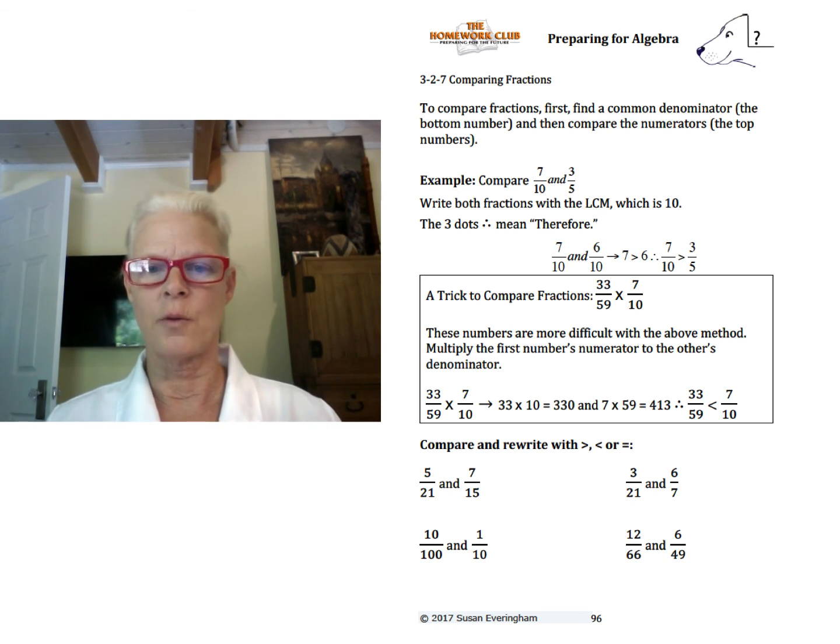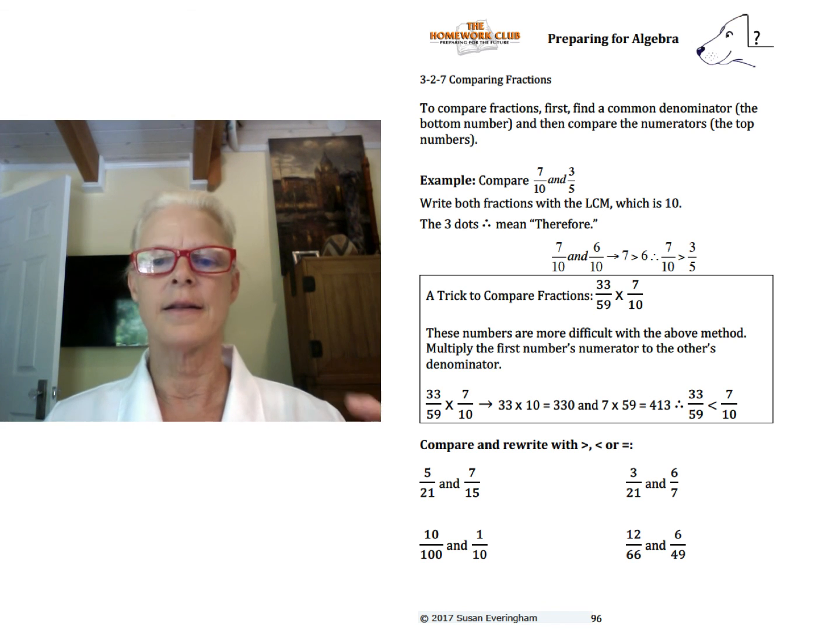And then the second one is the denominator of the first, 59 times the numerator of the second, right? Giving us 413. So the trick says that 33 over 59, being only 330, is less than the second fraction, 7 over 10.